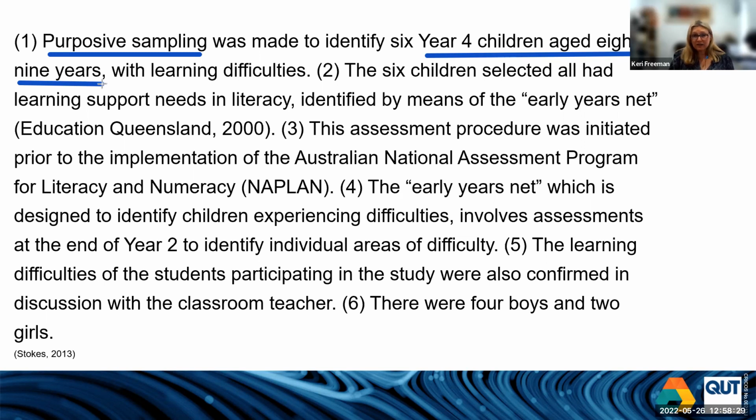And yes, purposive sampling is choosing the children specifically to fit the selection criteria. This was investigating kids who have learning difficulties, so obviously that's what he needed. So with children, ethics would have been important there.